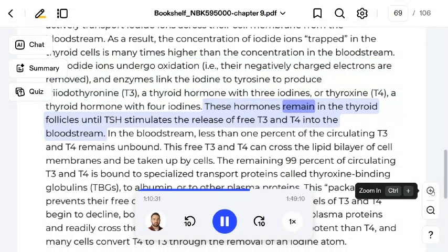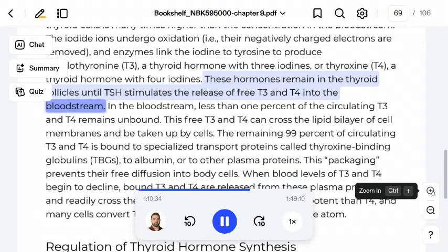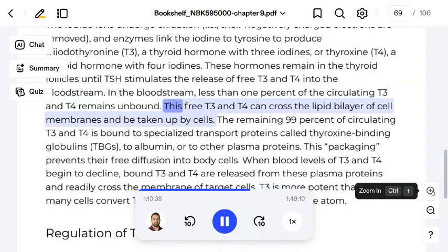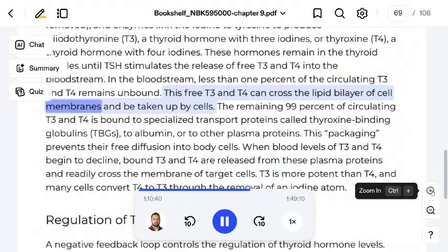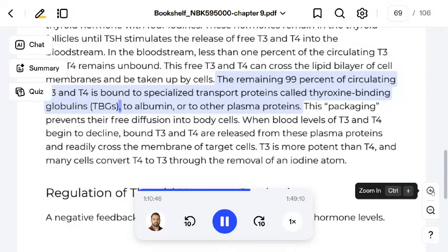These hormones remain in the thyroid follicles until TSH stimulates the release of free T3 and T4 into the bloodstream. In the bloodstream, less than 1% of the circulating T3 and T4 remains unbound. This free T3 and T4 can cross the lipid bilayer of cell membranes and be taken up by cells. The remaining 99% of circulating T3 and T4 is bound to specialized transport proteins called thyroxine-binding globulins, to albumin, or to other plasma proteins.